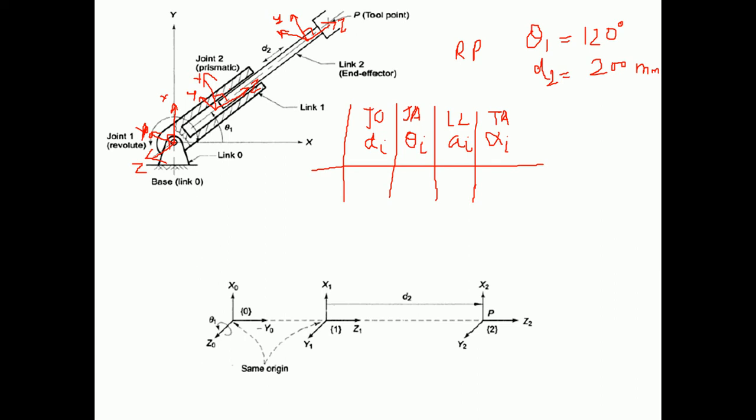So with reference to these frames, keeping in mind the first joint is going to be created between base link 0 and link 1, I am going to write over here the joints in this axis.